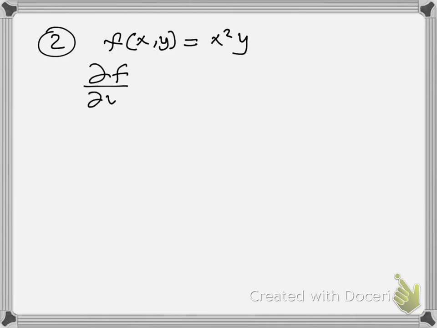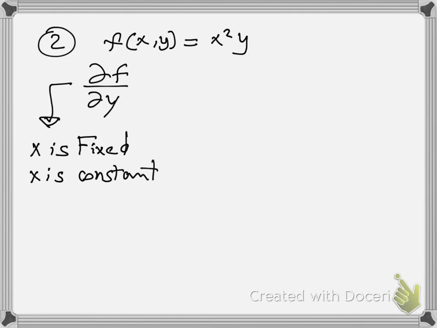Now, if you want to compute partial f, partial y this time, again f of x y is x squared times y. Partial f, partial y means that x is fixed, so x is a constant.